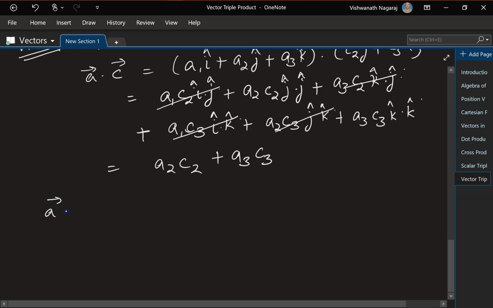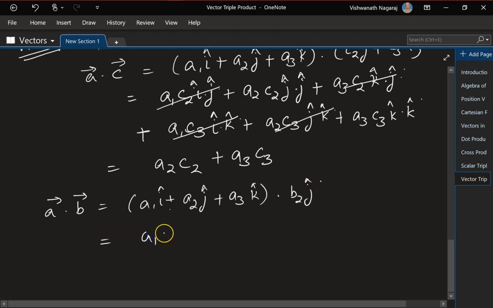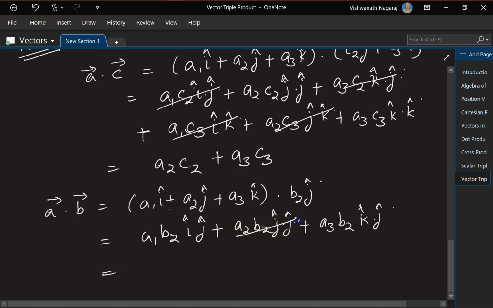Similarly, A dot B would be A1 I plus A2 J plus A3 K dot B2 J, which is equal to A1 B2 I dot J plus A2 B2 J dot J plus A3 B2 K dot J. Here I dot J would be 0.